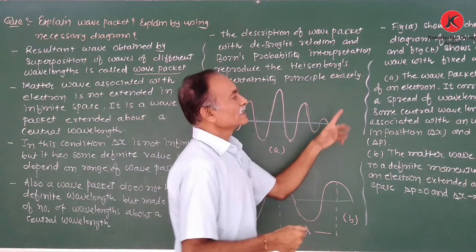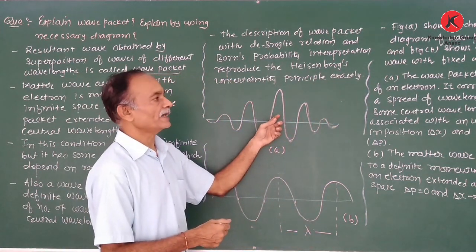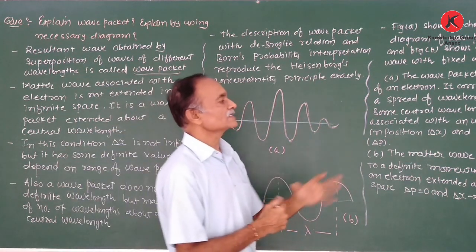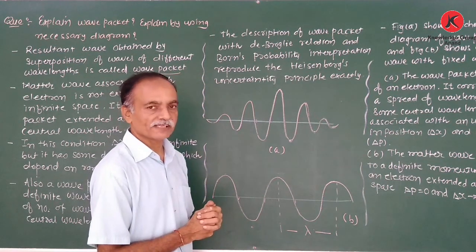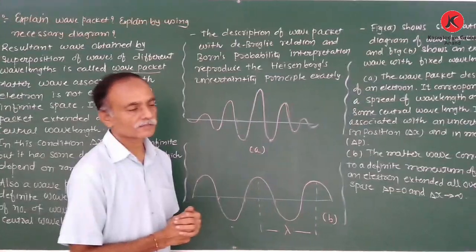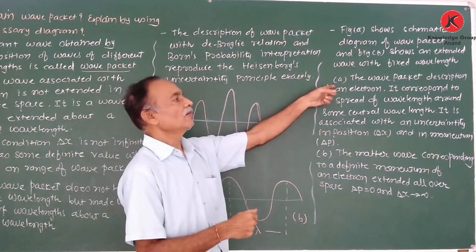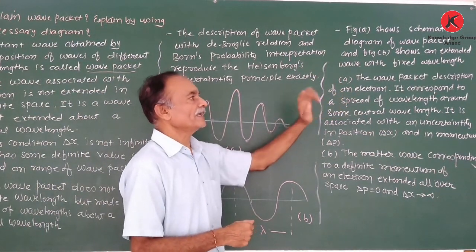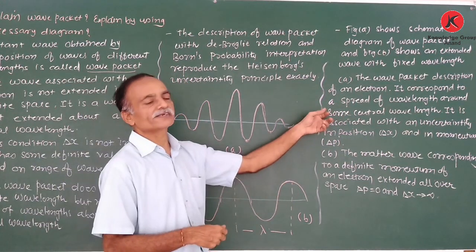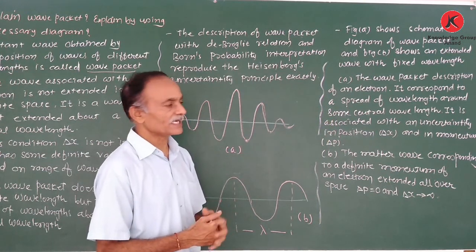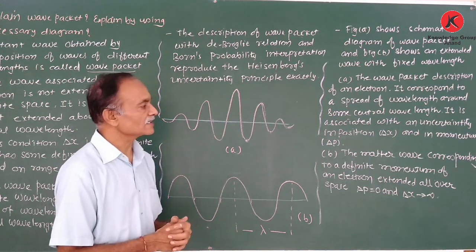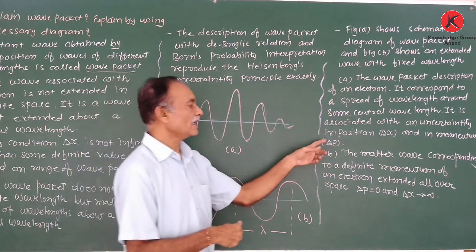The wave packet description of an electron corresponds to a spread of wavelengths around some central wavelength. It is associated with an uncertainty in position delta x and uncertainty in momentum delta p.